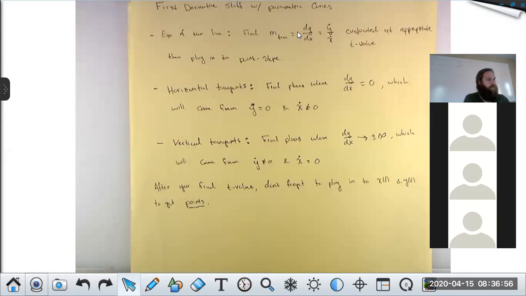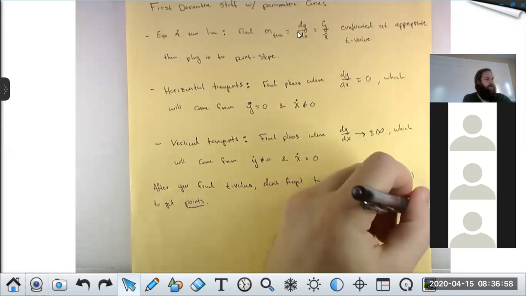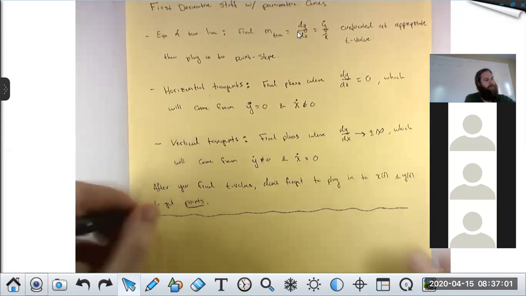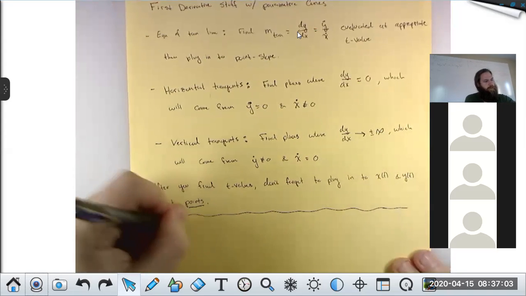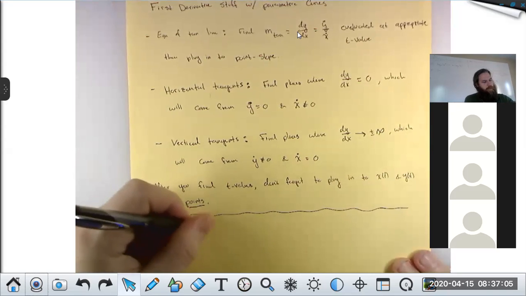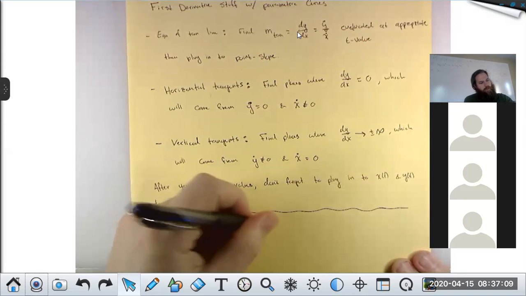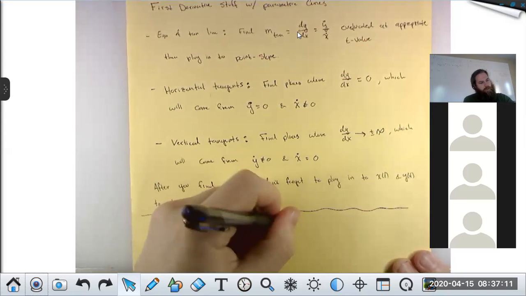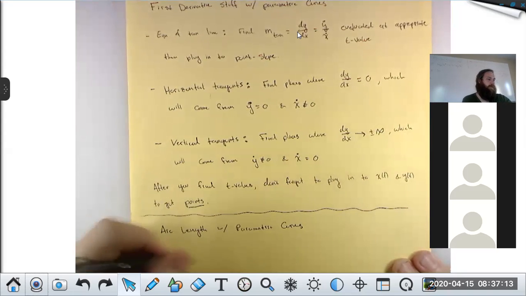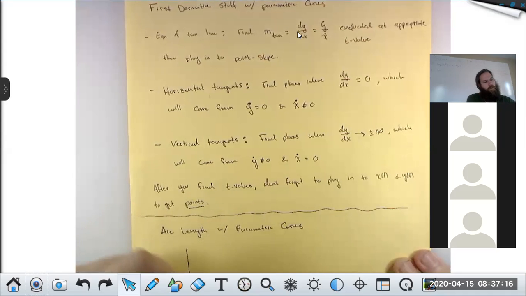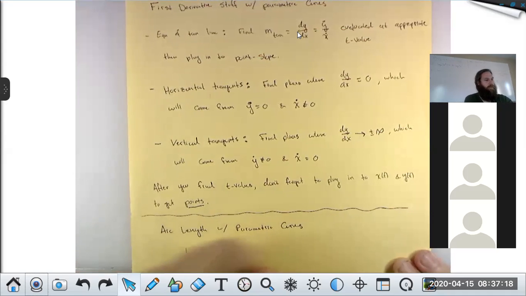So the other cool calculus thing we're going to do with parametric curves is talk about arc length.